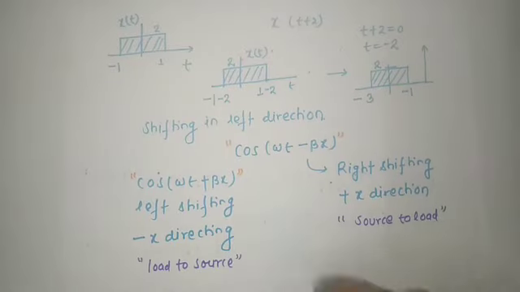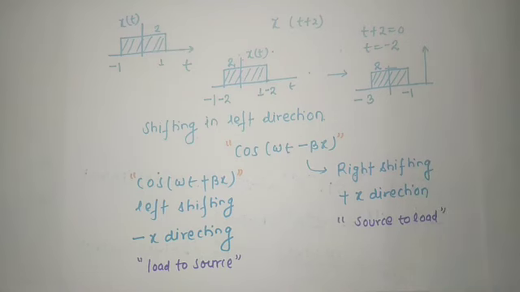So this is all for this lecture, and you have learned how to identify the forward traveling wave and backward traveling wave, and you have got the solution of the wave. You can finally say that in the transmission line, current or voltage travels in the form of a wave.